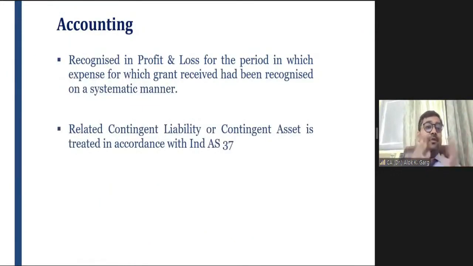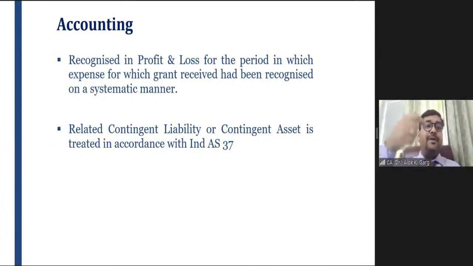So when something is going to be recognized, then accounting happens. Am I right? In Ind AS 16, you have seen that. First, we talked about what is property, plant and equipment. Likewise, we have talked about what is government grant. Then in Ind AS 16, we talked about when PPE is going to be recognized. Likewise, we have discussed when a grant is going to be recognized. So the first principle is, you need to understand, sir, is it going to be recognized as a government grant?